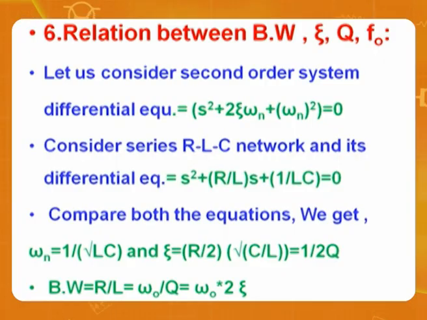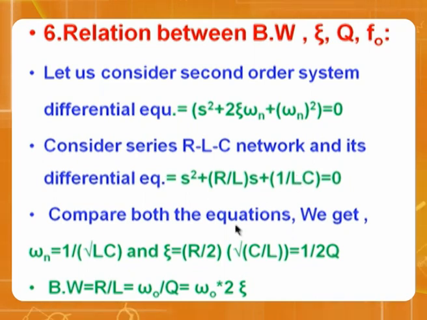Let's go to the 6th point, the relation between bandwidth and damping factor, quality factor, F naught. For any second order equation we say S square plus 2 zeta omega n S plus omega n square. Then you have S square plus R by L S plus 1 by LC. Compare both equations.